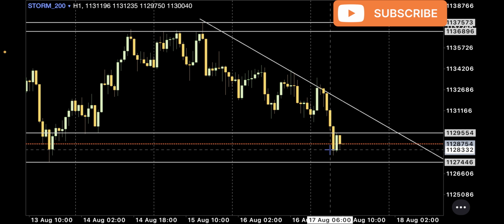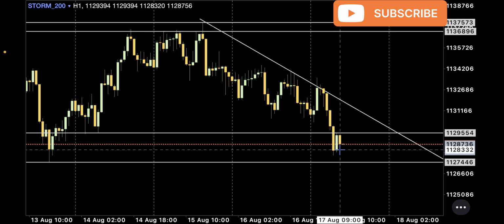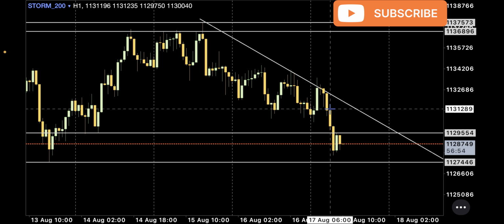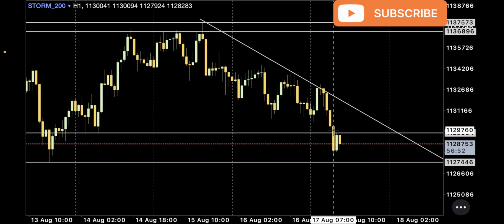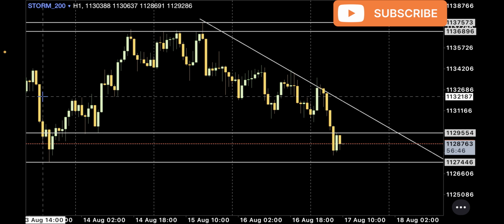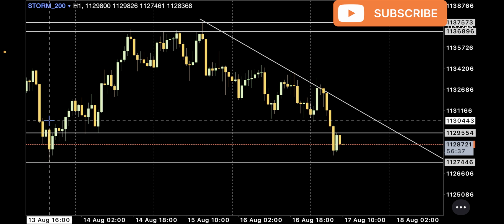Now somebody will say, oh, is that not a bullish harami? Can I buy from here? It's a good idea, but you see, when you have 1, 2, 3, you understand? Now let's go back to this area. We have 1, 2, 3, and we have a bullish candle and a bearish candle again.